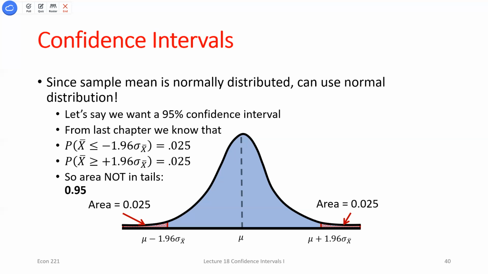Let's say I take a sample and I see a sample mean value that's right here, not very far away from that population mean.